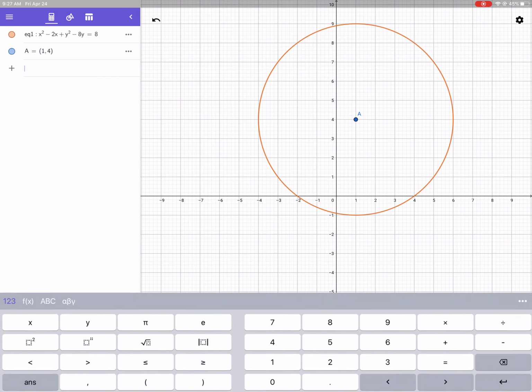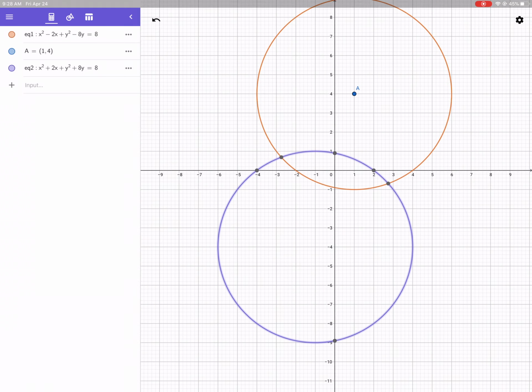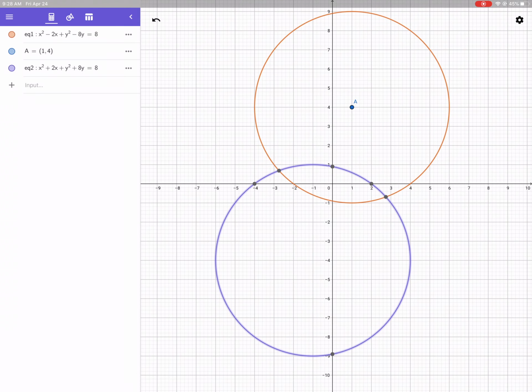Now it's good to check your other answer choices and see how those do not work. Like the second choice is x squared plus 2x plus y squared plus 8y equals 8. Alright? You can see it's a different circle. It does definitely not have a center of 1, 4.